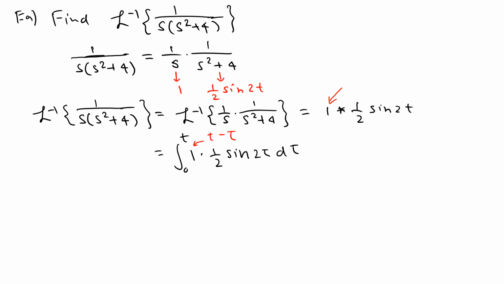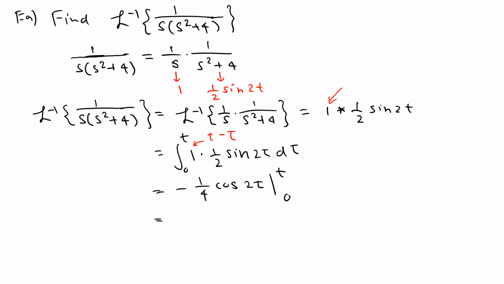So you can see this is a very simple integral. Then you divide by the extra 2, so it becomes negative 1/4 cosine 2 tau, from 0 to t. Once you plug in 0, you get negative 1/4, and when you plug in t, it's just cosine 2t.